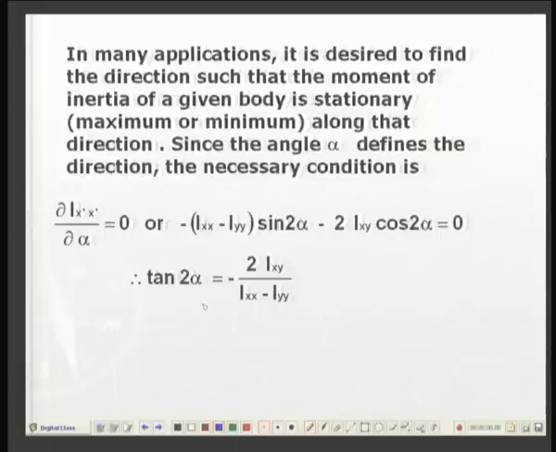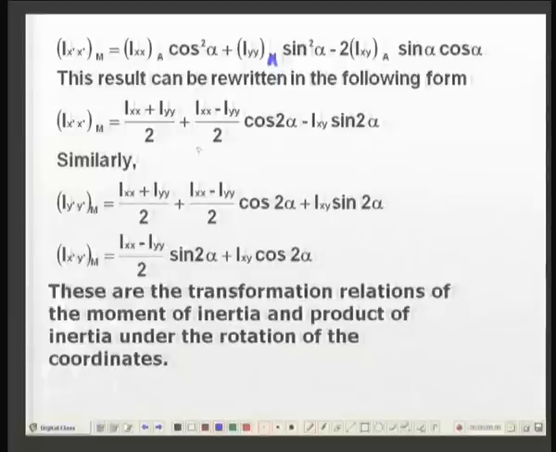So, the expression for I x dash, when differentiated with respect to alpha, the angle of rotation, and set equal to 0, yields the maximum or the minimum values of the moment of inertia. That is, we will first get the alpha corresponding to the maximum or minimum. Whichever way you want to proceed, it is immaterial.